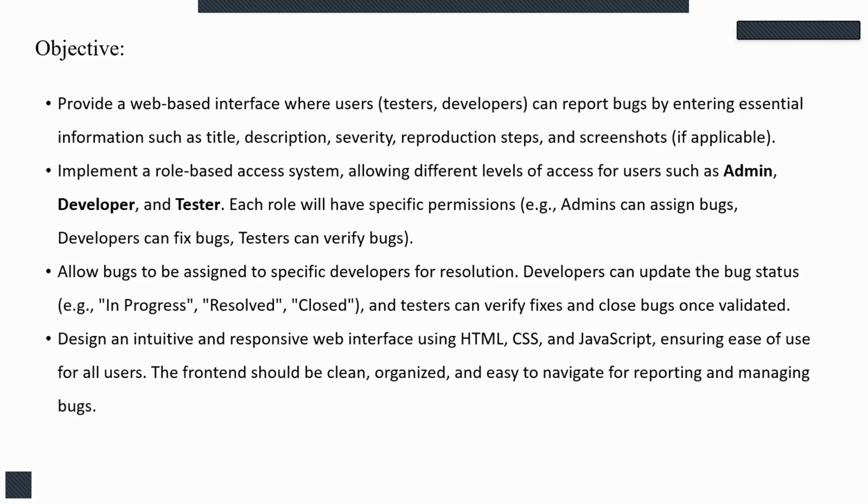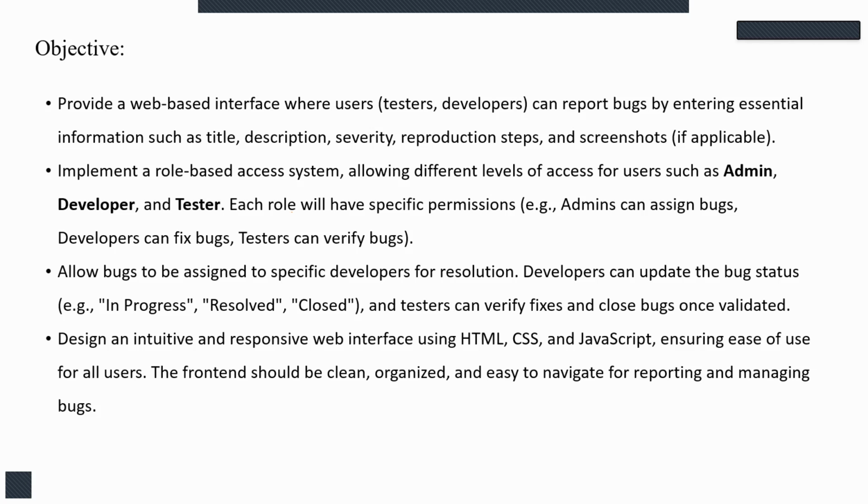The next objective is that we are implementing a role-based access system, where specific roles access specific tasks: admin, developers, and testers. These three separately have specific permissions: admins can assign bugs, testers can verify and test bugs, and developers can develop and fix bugs.